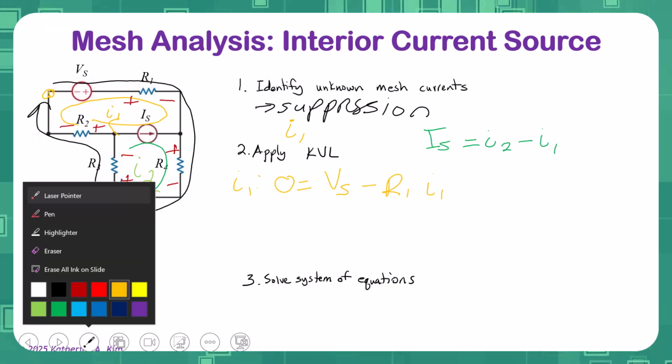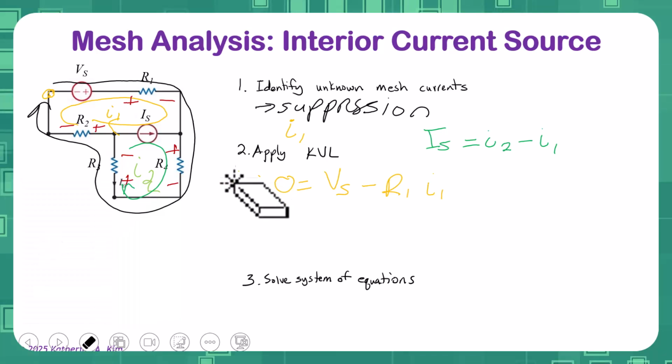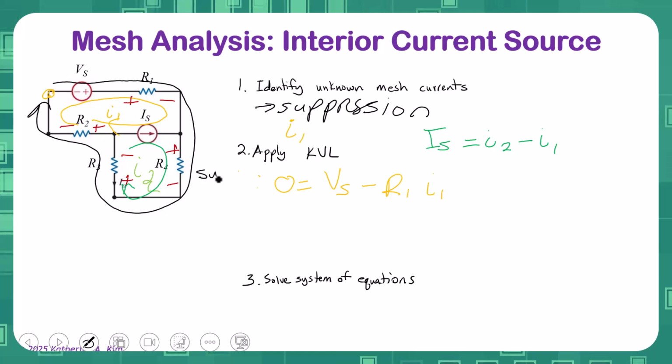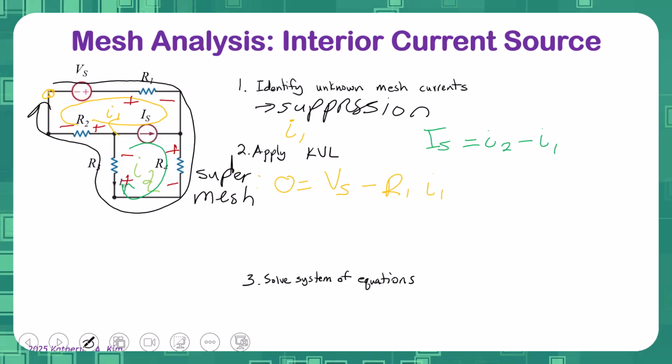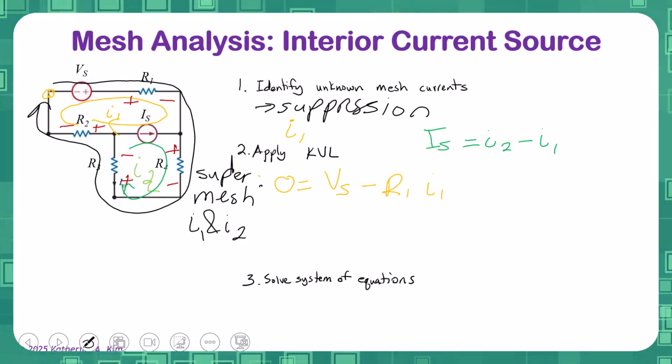So I'm going to erase this part. We're going to call that our super mesh, and I'm sorry about my writing, my pen is broken. And so this would be I1 and I2. Now we apply this giant KVL.